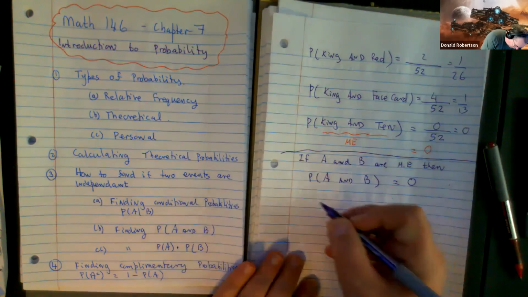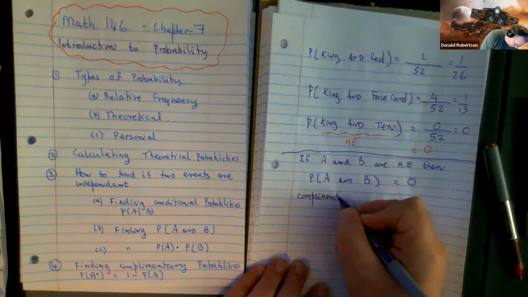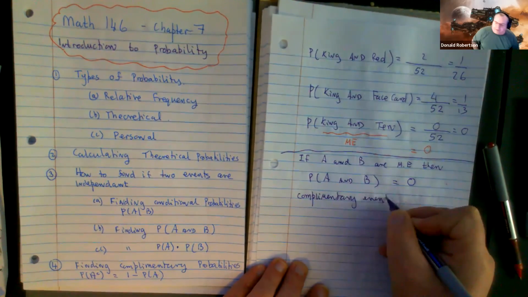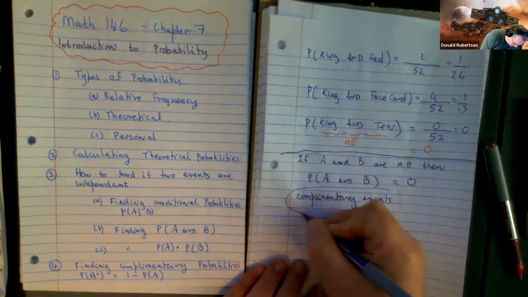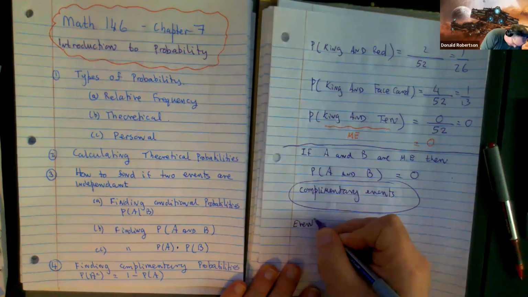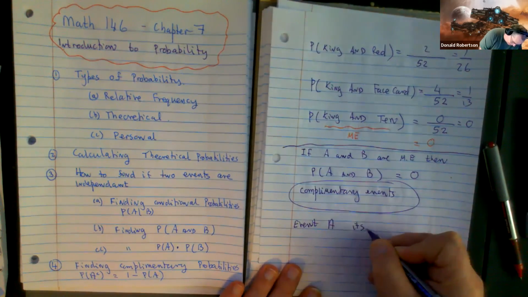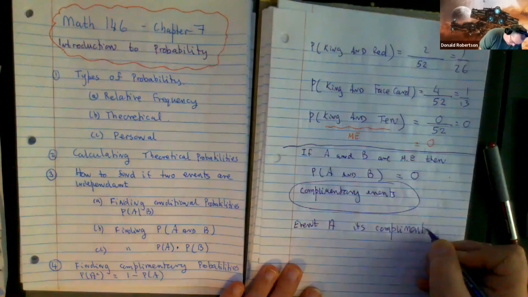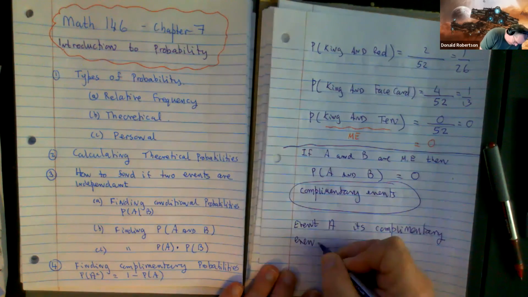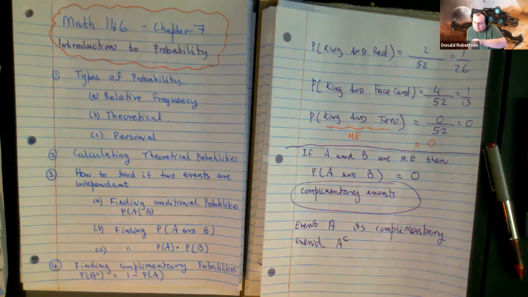For the few moments that we have left, we're going to look at what's called complementary events. Suppose you have an event A. Its complementary event, I believe in this textbook, they put a little subscript capital C above it.